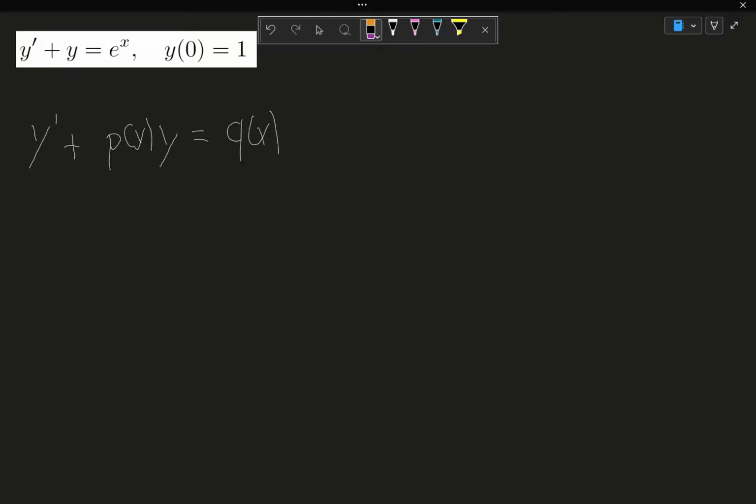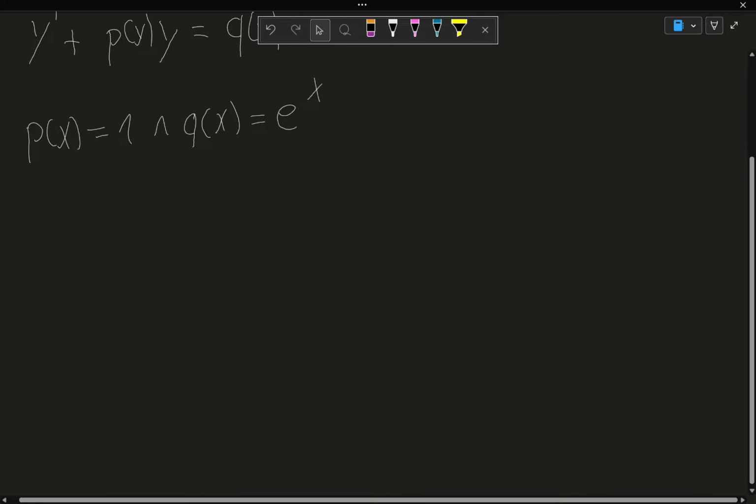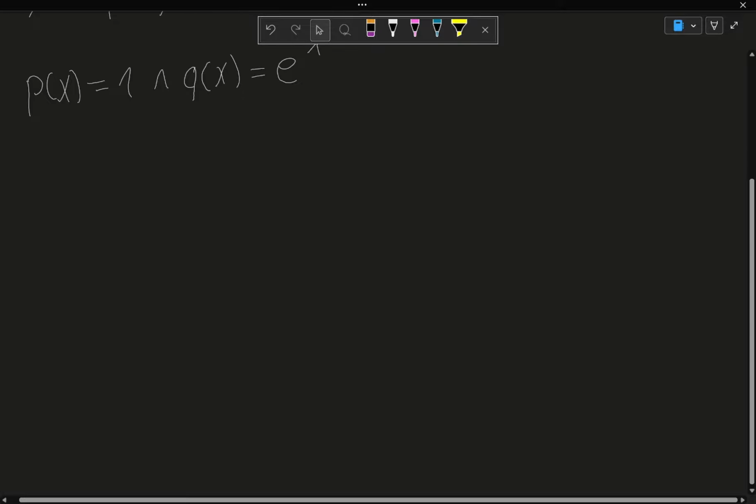So we have basically substituted p of x is equal to 1 and q of x is equal to e to the x, because note that if p of x is 1 and we multiplied right here, it just stays the same, and q of x is equal to e to the x, so it's the same expression. We didn't manipulate it in any illegal way.